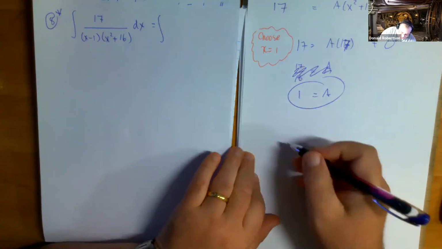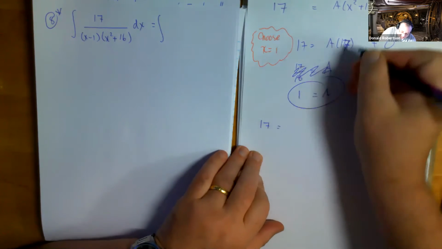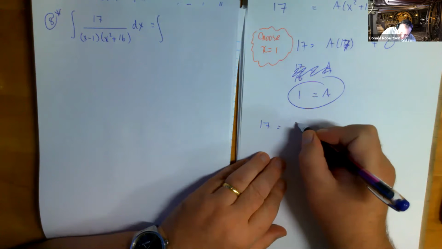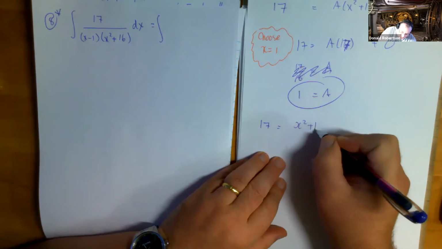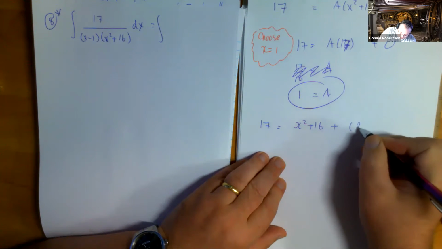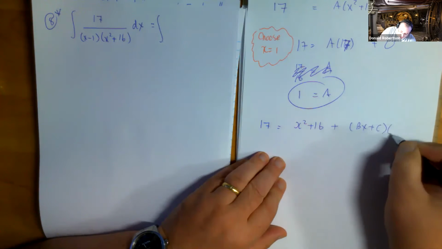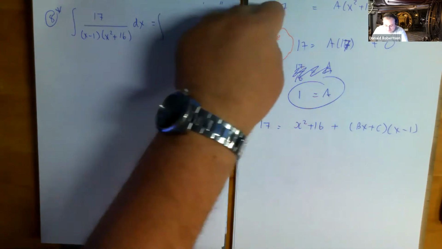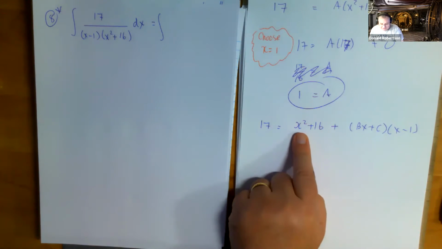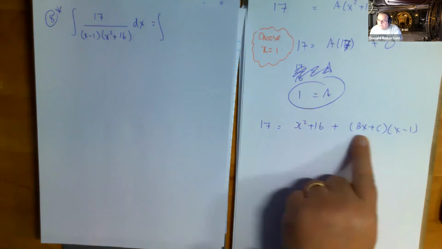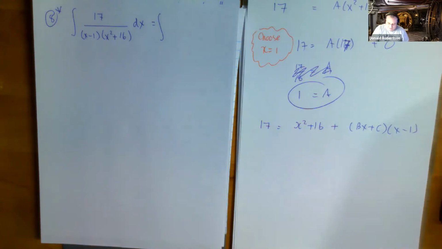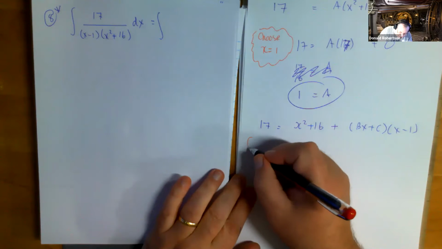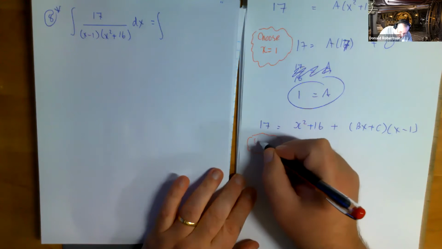Now, this is the difference. In these questions here, once you know what A is, you rewrite this line, but replace the A by 1. And then you can do the choose guy.